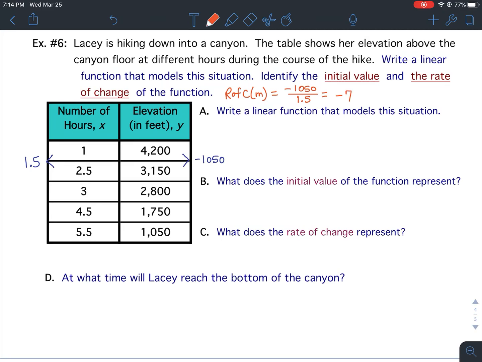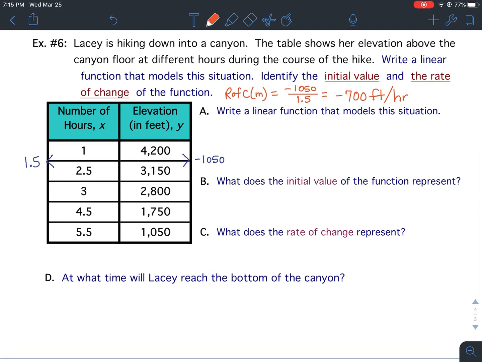Negative 700 feet per hour. So that means that Lacey is hiking down the canyon 700 feet per hour. She's going down the canyon. She's descending down at a rate of 700 feet per hour.